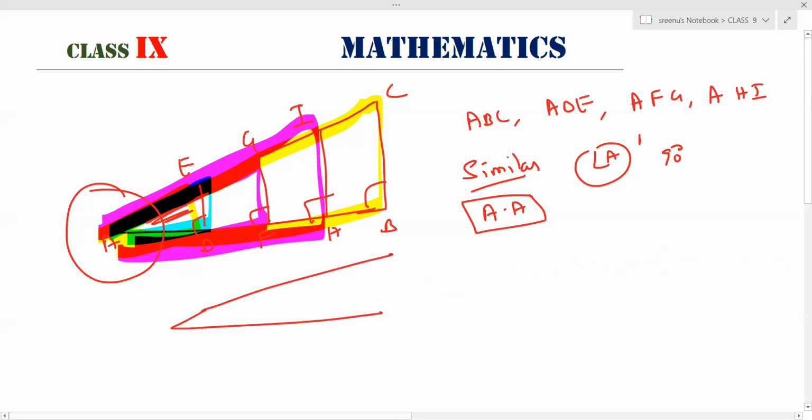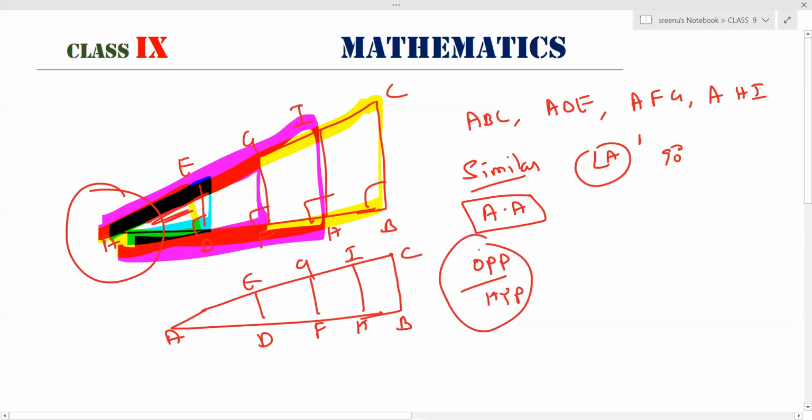Here ABC, sides are different, D, F, G, H, I. First, we will take the ratio of opposite side and hypotenuse in all the similar triangles.